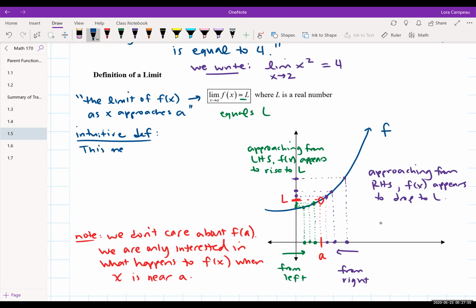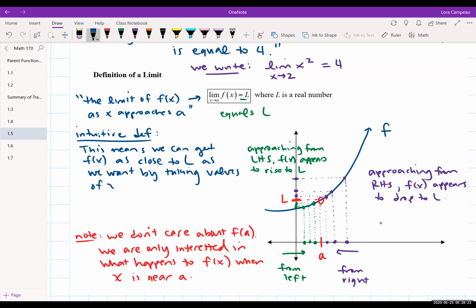This means, one more time, repeating myself, not bad in a math class to do that: we can get f of x as close to L as we want by taking values of x that are sufficiently close to a.